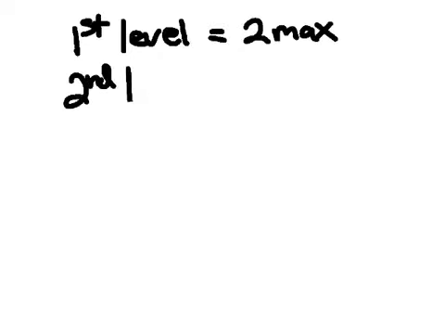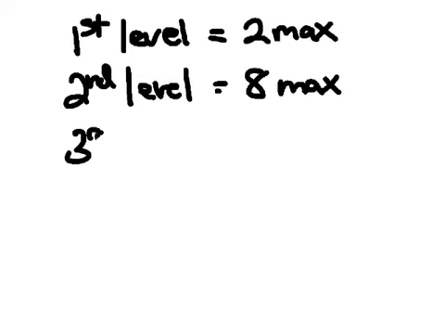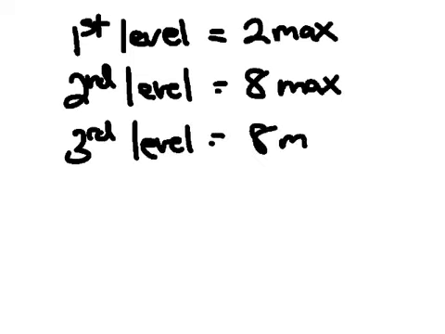The second level can hold 8 max, and the third level can also hold 8 max. Okay, so what this means is that you're looking at the first 3 energy levels, and these are the electrons that they can hold. What does this look like in terms of a diagram? Okay, let's look at it on the next page.